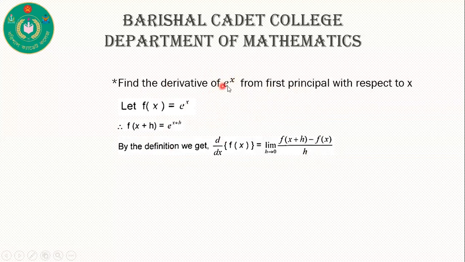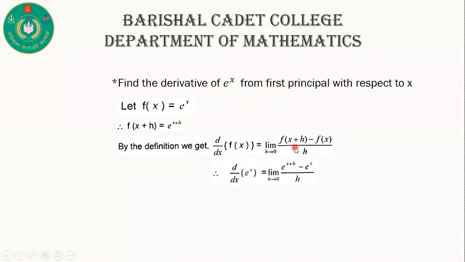Firstly, let f of x equal to e to the power x, then putting x equal to x plus h, then by the definition of derivative, we know this. This part is the same for all questions when you solve from first principle.